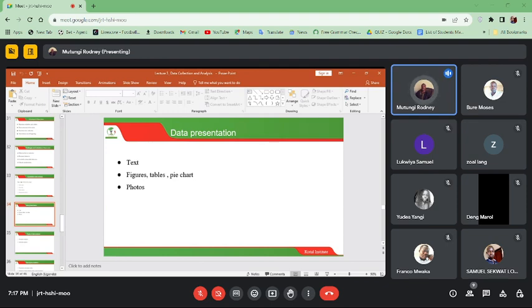Then you present now after you've analyzed. And how do you present? You can either present in text form, you can present in figures, tables, pie charts, photos, according to what you have really got, either from analysis or the data that you have collected. And this presentation, of course, is done especially to all the stakeholders.